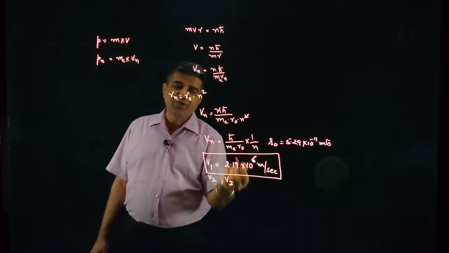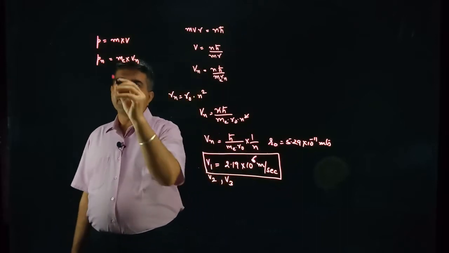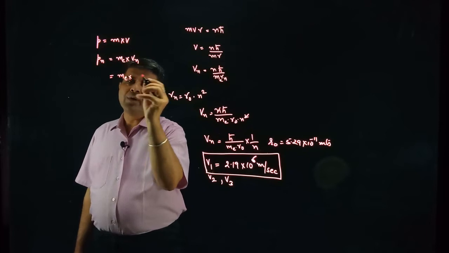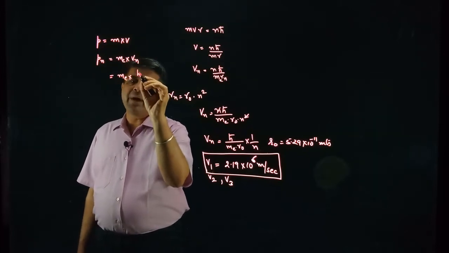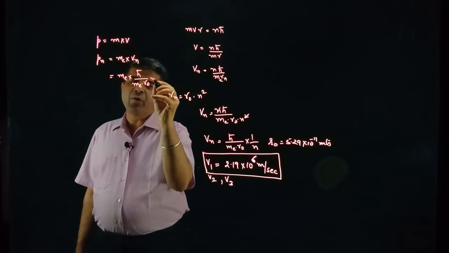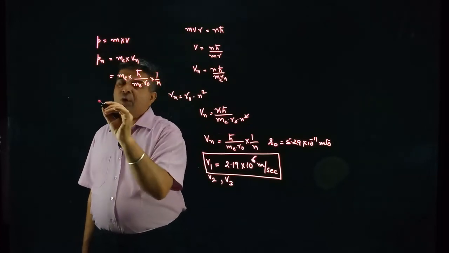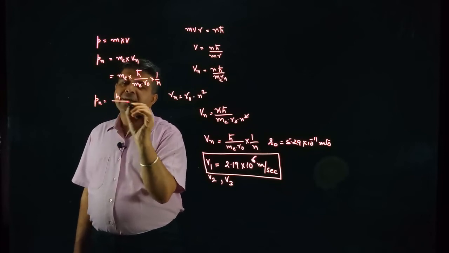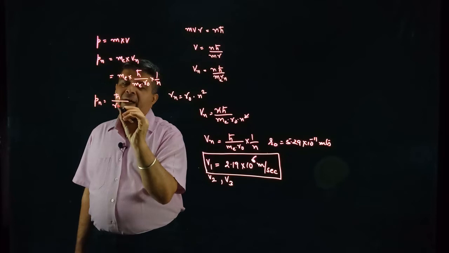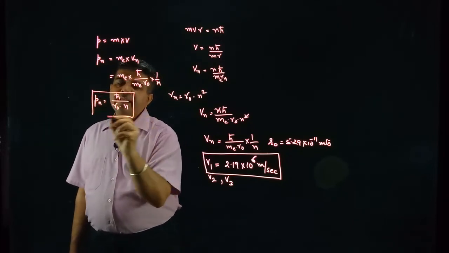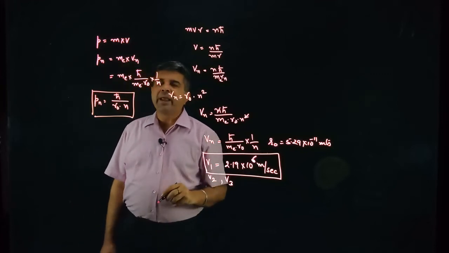If I substitute the value of velocity of the nth orbit, it is mass of electron into h bar over mass of electron into r0 into 1 by n. So linear momentum for the nth orbit would be given by h bar over r0 into n. So this is the linear momentum of an electron in any orbit.